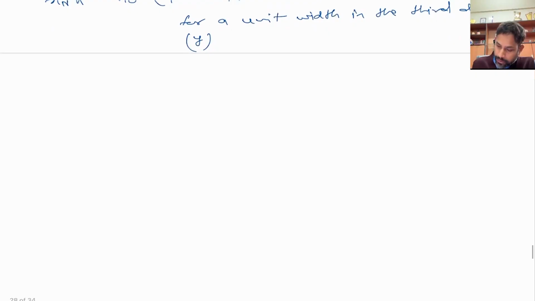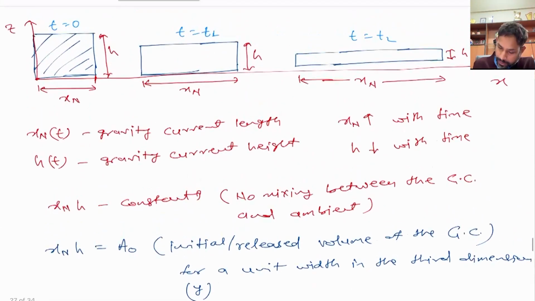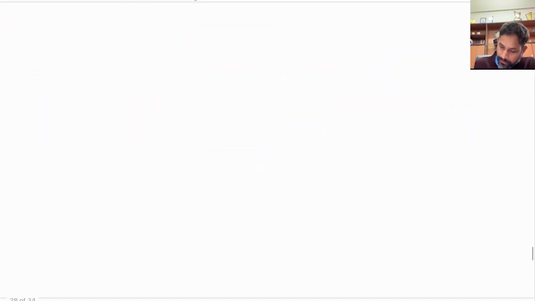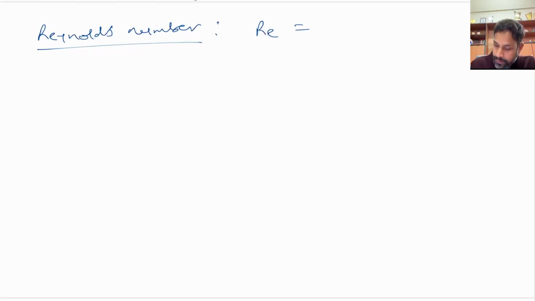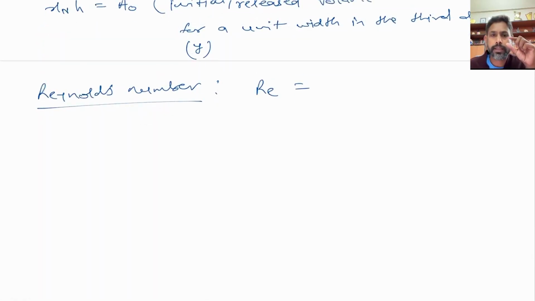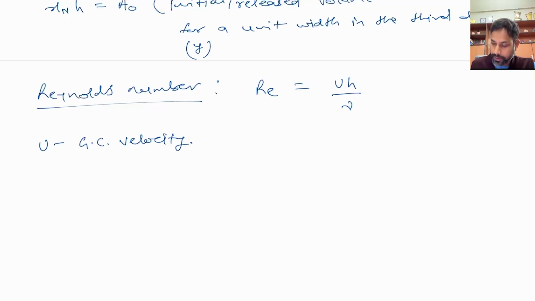All right, so now what we can do, we can define the Reynolds number for the gravity current. In here we will use the height as the length scale, and so let's say u h over nu, where u is the gravity current velocity.